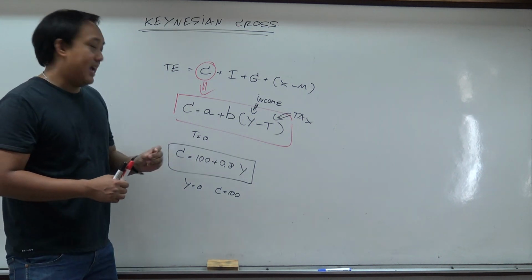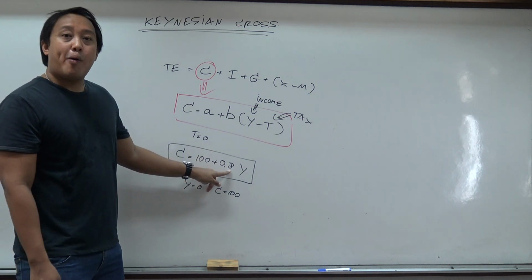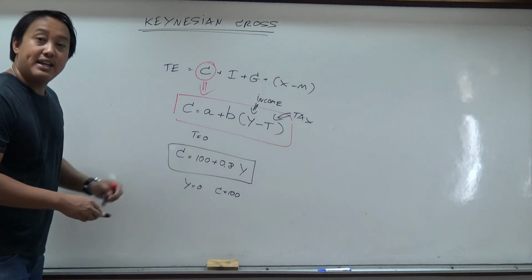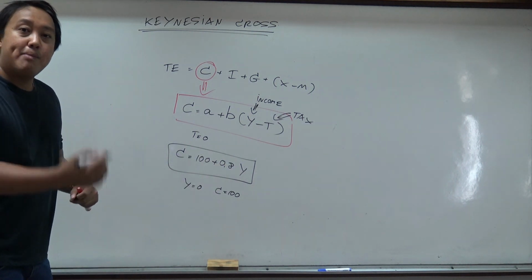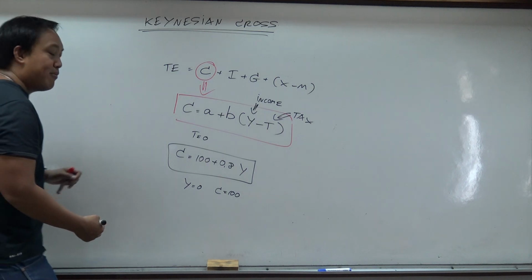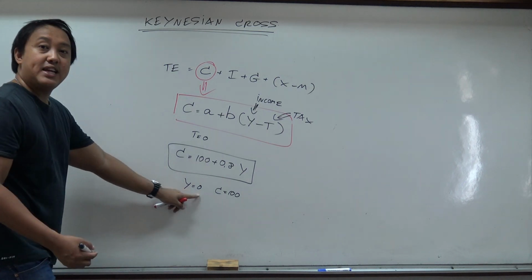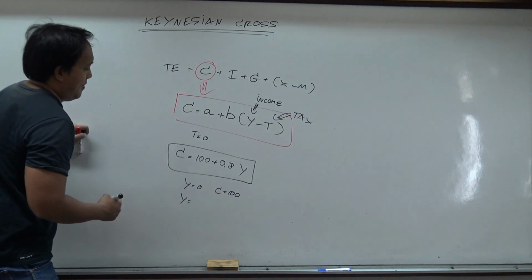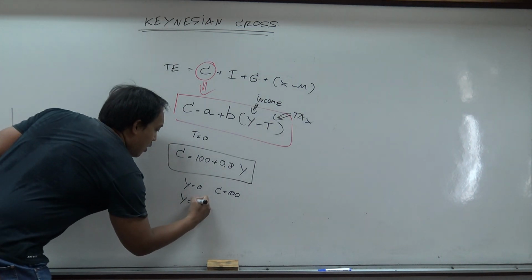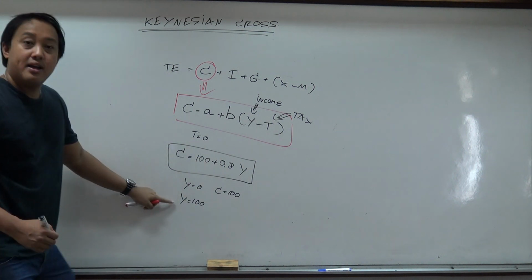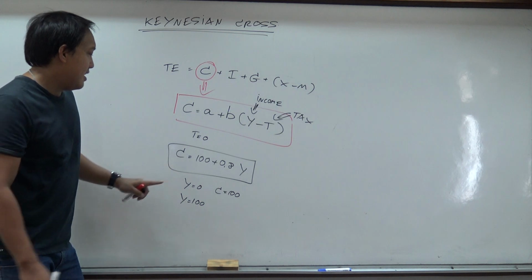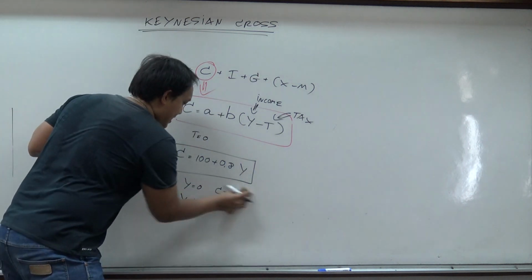So the next thing is, what is the meaning of 0.8? What is the meaning of B? I set B at 0.8.